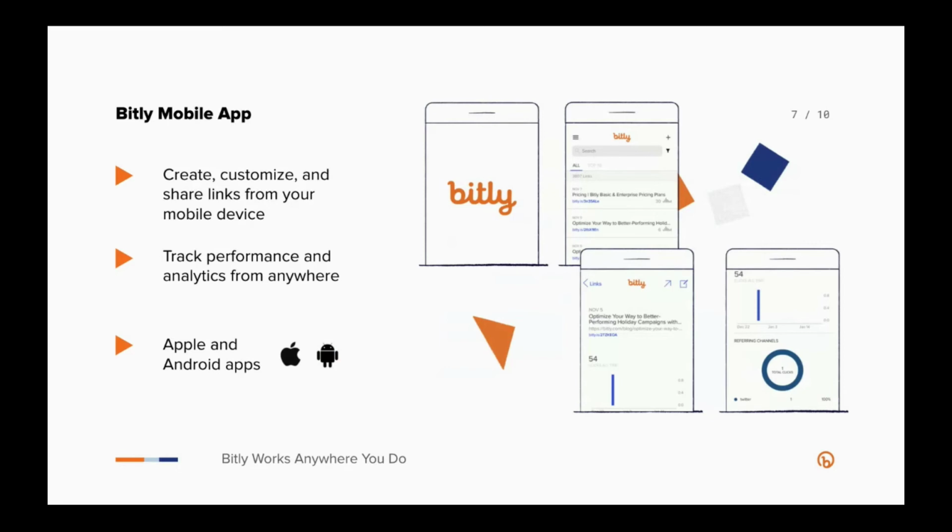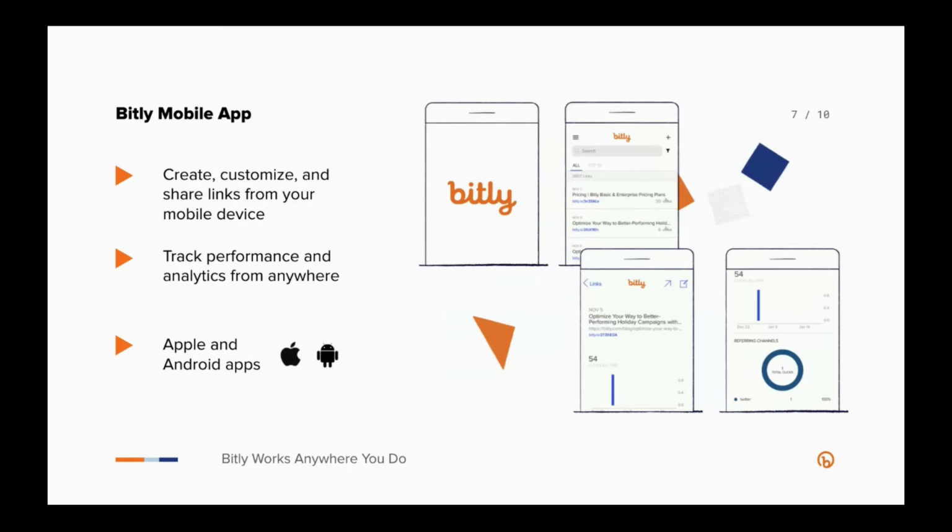All right, and moving on, just as Hannah had alluded to the Chrome extension being her favorite feature, the bit.ly mobile app might actually be mine. Oftentimes we are sitting on the couch, or maybe when life goes back to normal, we'll be out and about and we just want to check the status of how our links are performing, or we're playing around on our phone and we see some cool content that we want to share with our friends, our family, our customers.